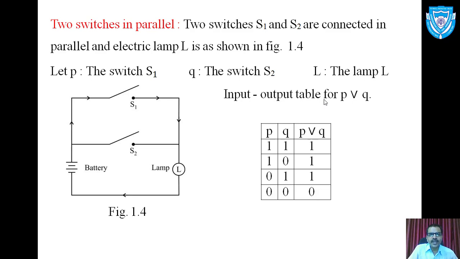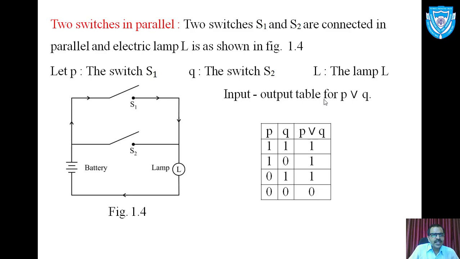Now the simple statement Q represents the switch S2 in the closed state, and the statement L represents the lamp L glows. Here I am writing only the lamp L, meaning that you have to understand the lamp L is in the glow state.